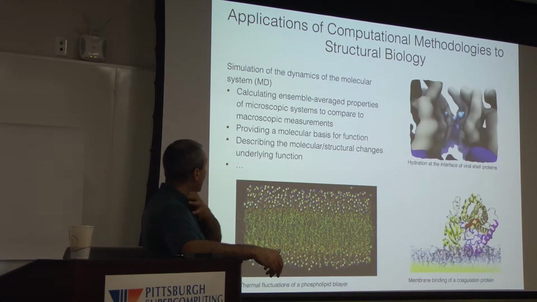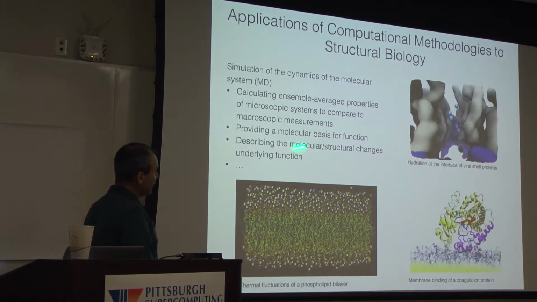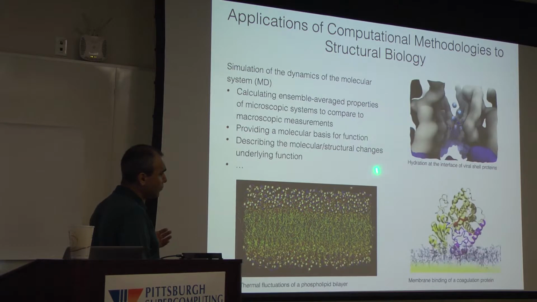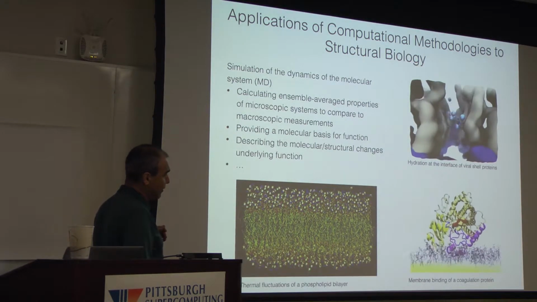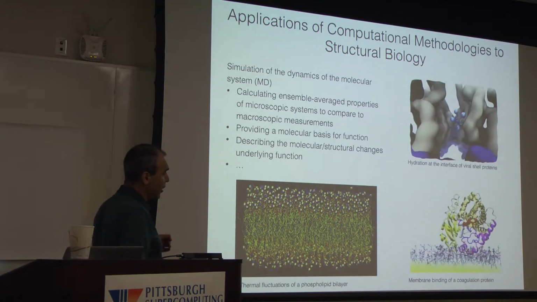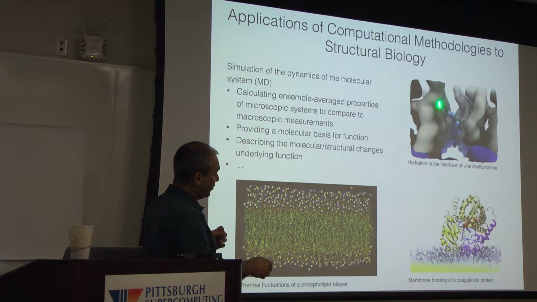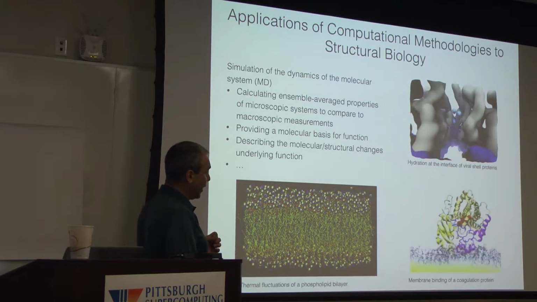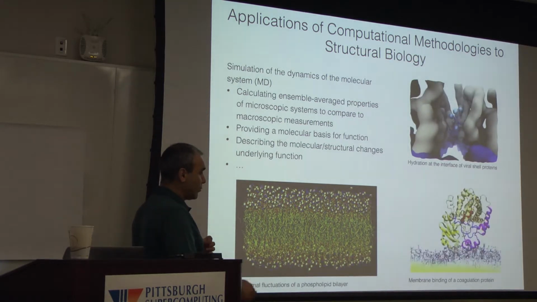So that's one application. It provides a molecular basis of function for systems. Here you see, for example, the hydration at the interface between two viral shell proteins and how this might be used for ions to go in and out. Here we are looking at membrane binding of a coagulation protein.